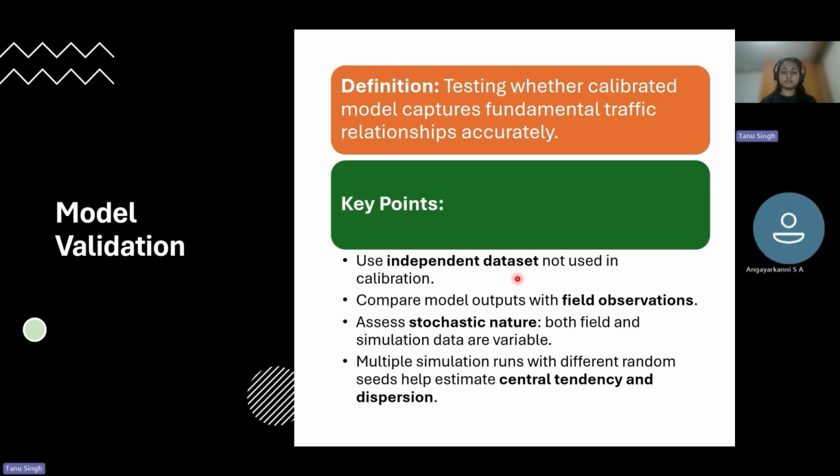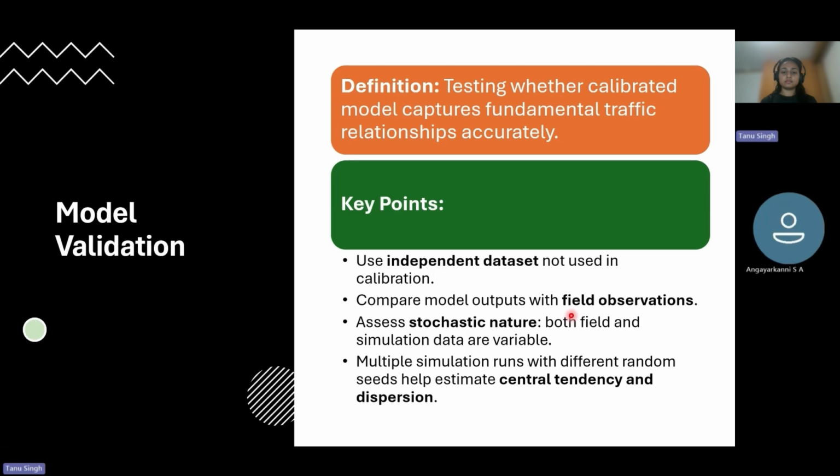And since both field and simulation data are stochastic in nature, meaning they are variable, multiple simulation runs with different random seeds are necessary. These runs help us to estimate the central tendency and dispersion of the outputs and ensure that the model behavior is realistic and reliable.